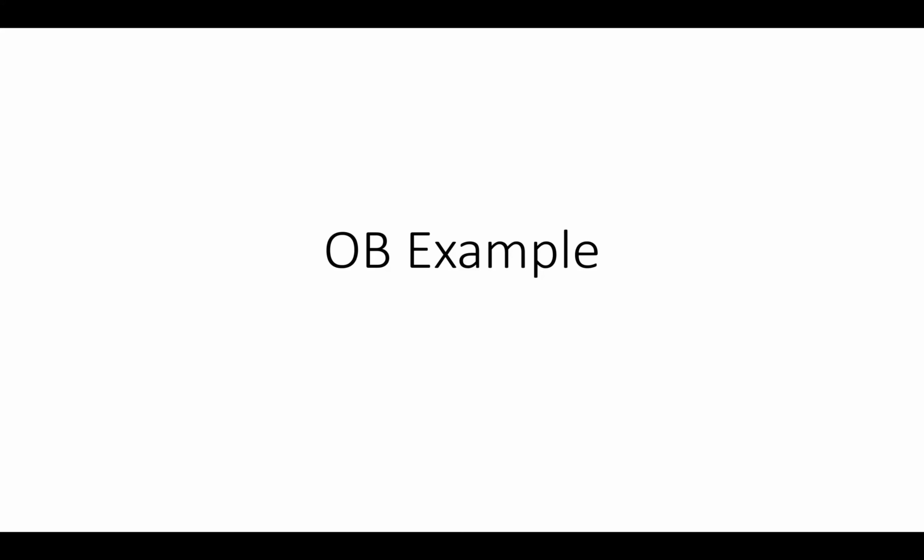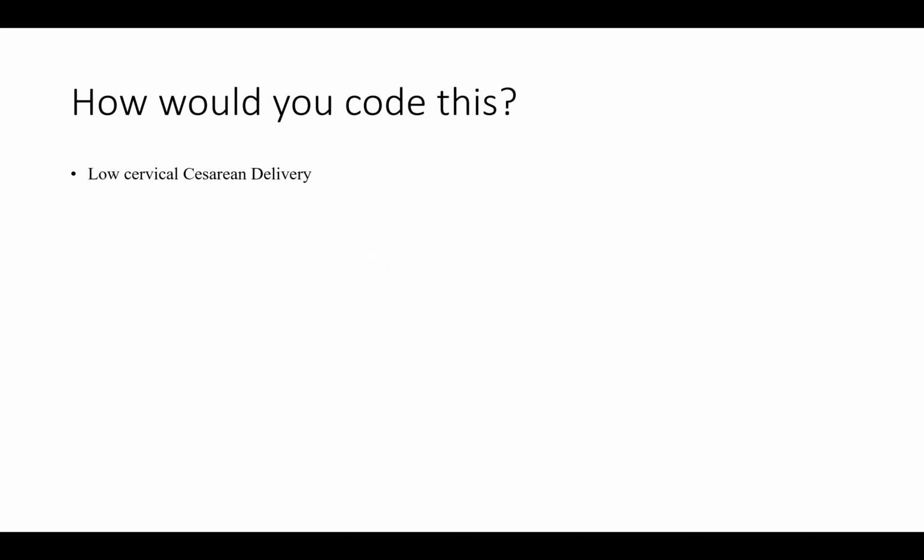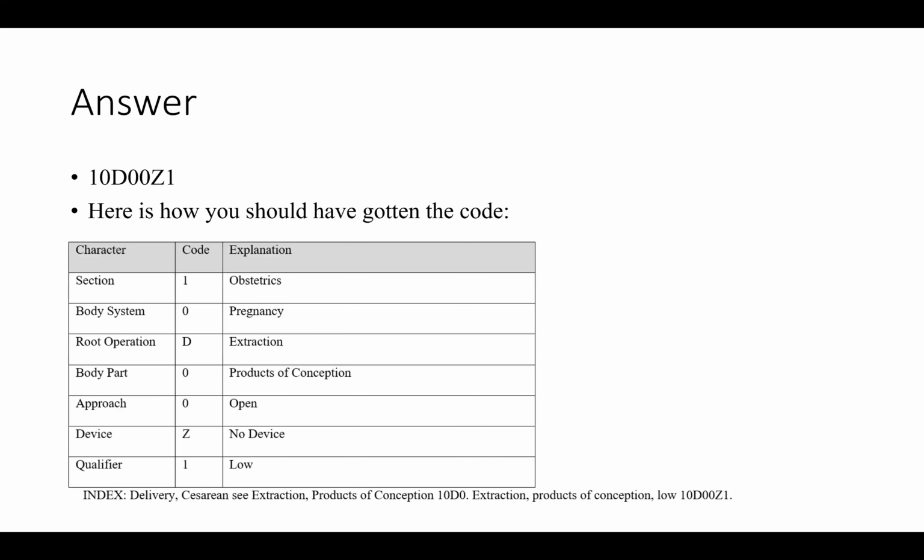So here we have an example. Low cervical cesarean delivery. How do we code it? Here it is. We look here. The section is the OB section, 1.